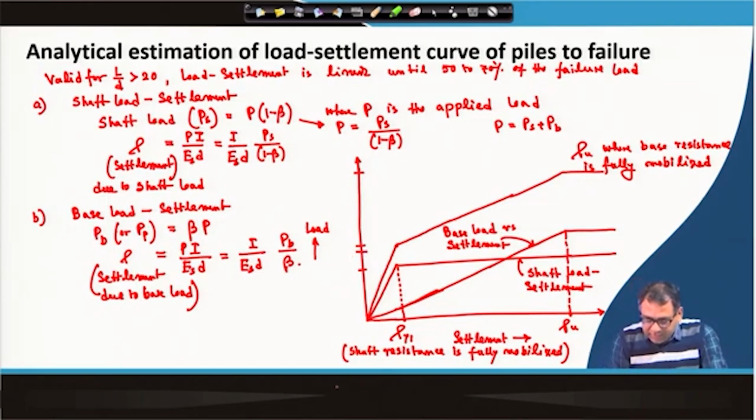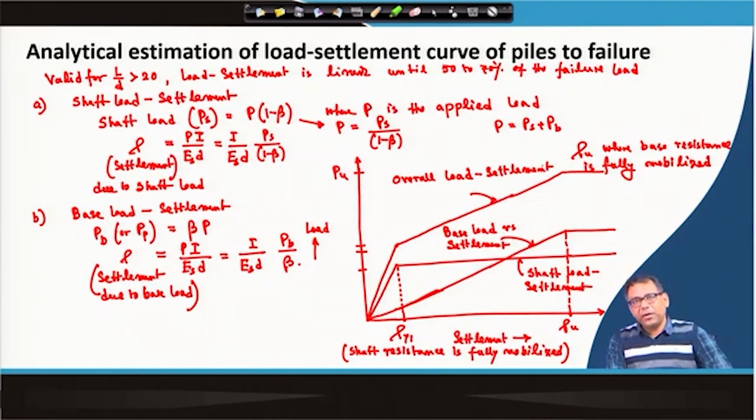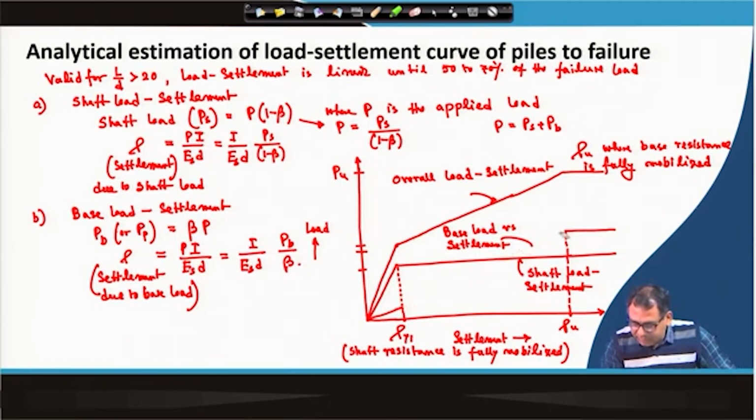This is the ultimate load, because this is the overall load settlement plot. This will give you the maximum load, that is P u.